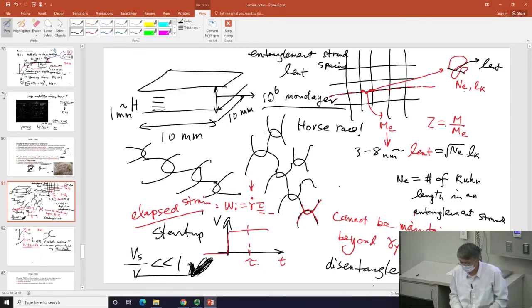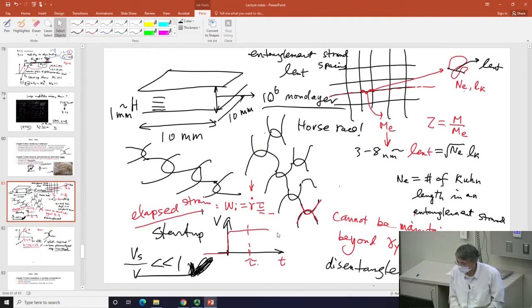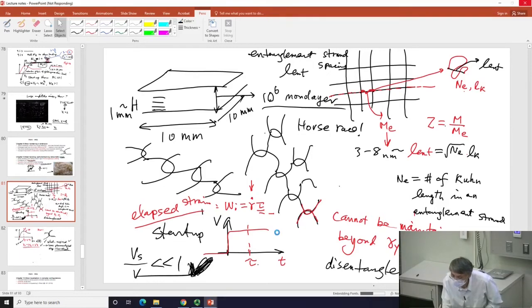So I hope I succeeded in telling you that there is a horse race, and we don't have any detailed theory whatsoever in a millimeter range.